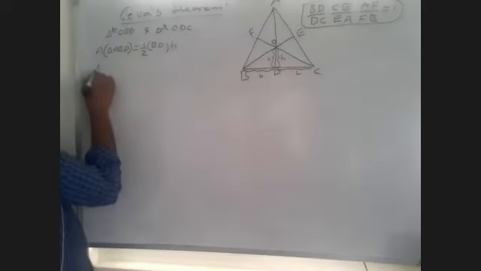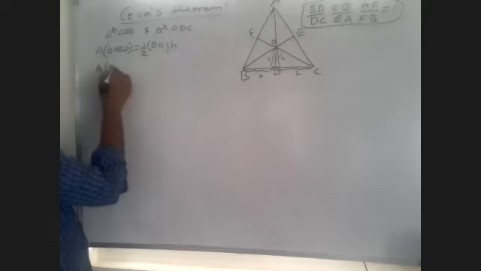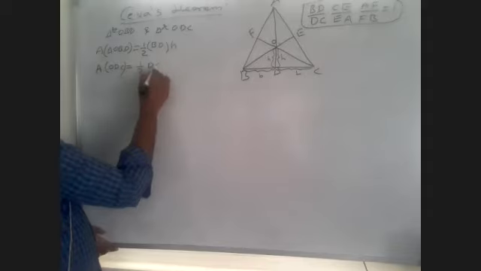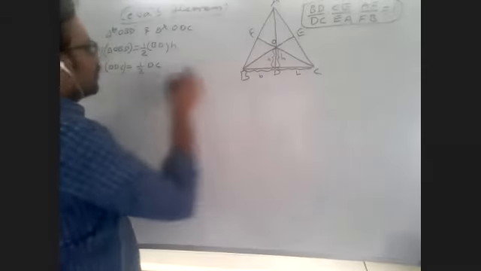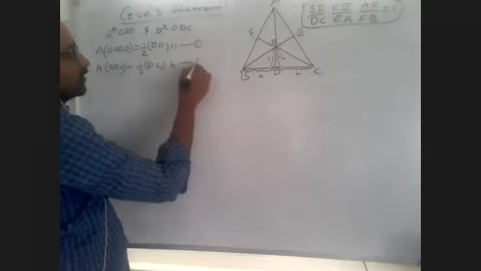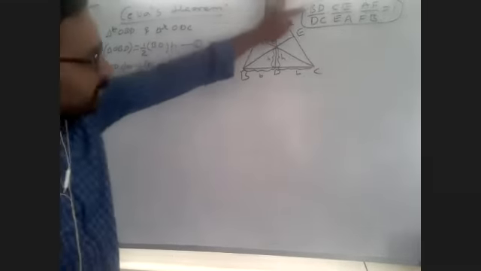And once again, area of triangle ODC is equal to half of base DC, height is already there, we have h. Equation 1, equation 2.